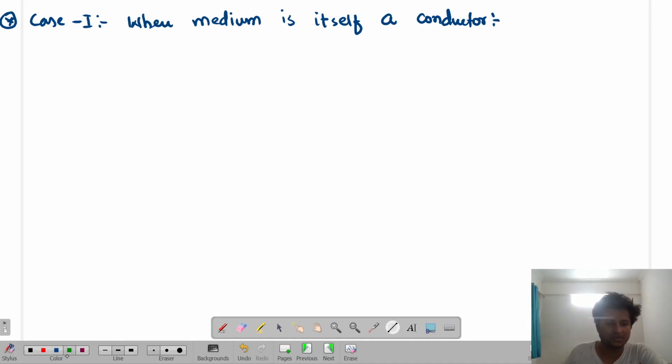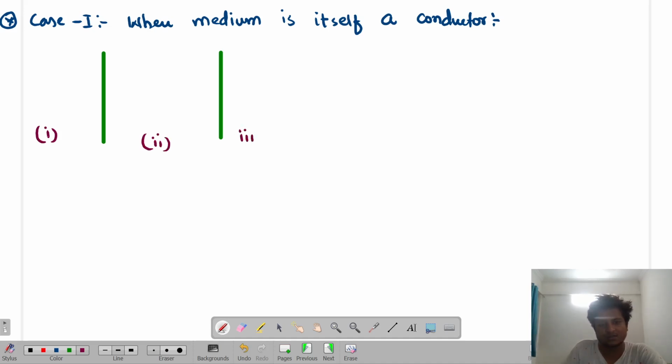Case one, when the medium is itself a conductor. So let's suppose there are two plates, and these are conducting plates, isn't it? So this is region 1, this is region 2, and this is region 3.